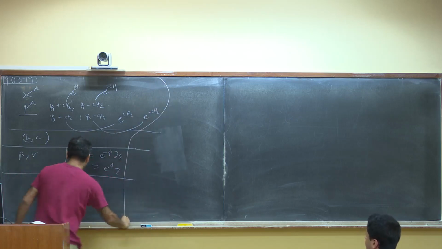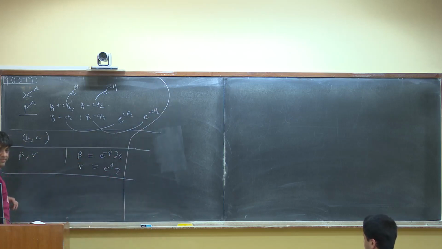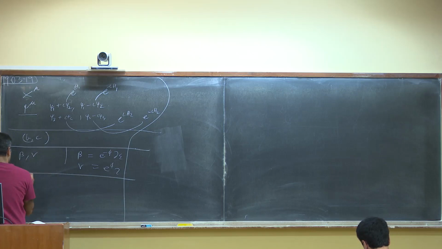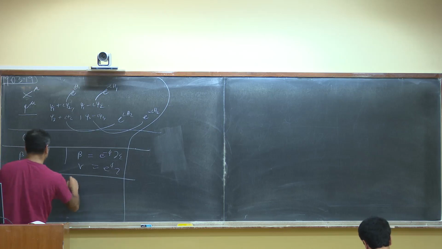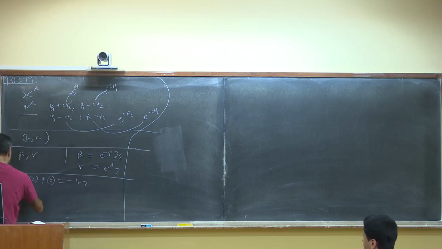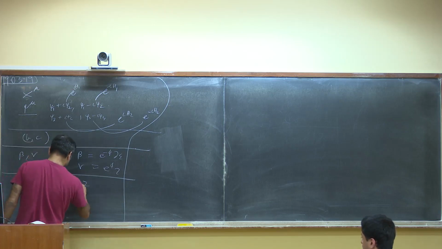And in all of these discussions, phi of z, phi of 0 is equal to minus log z, and h_i of z, h_j of 0 is equal to minus delta_ij log z.